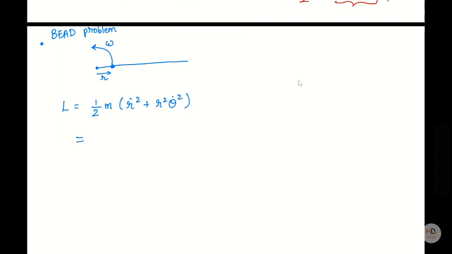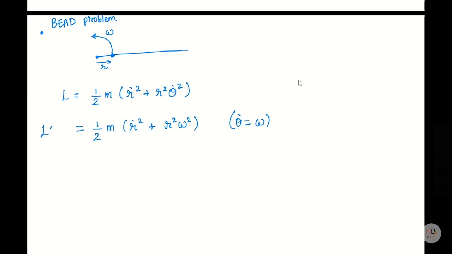So correct me if I'm wrong anywhere, because I don't have the notes right now. So r dot square is something plus r square omega square, right? Because theta dot is omega. And now this is a Lagrangian of just one variable, which is r.